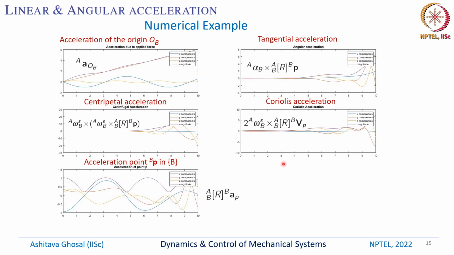So the basic idea is, it is nothing very deep, that we have some way of computing each and every term of the linear and angular velocity and linear and angular acceleration of a point in a rigid body which is both rotating and translating. Okay.